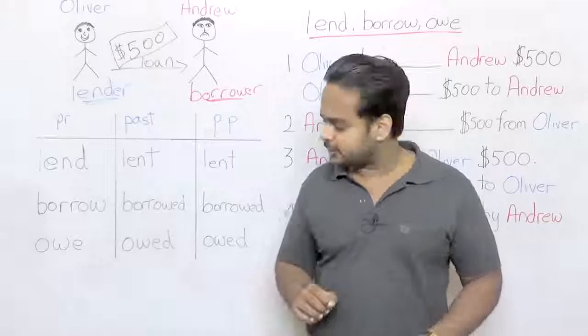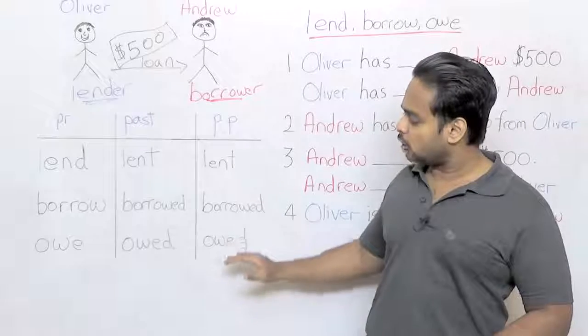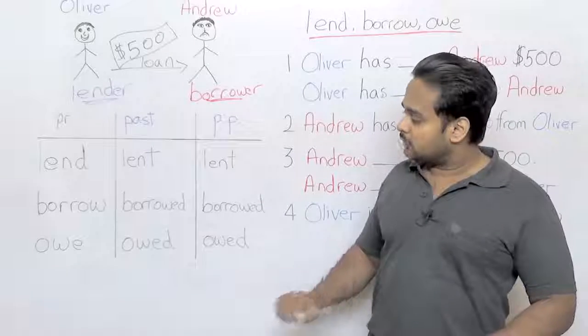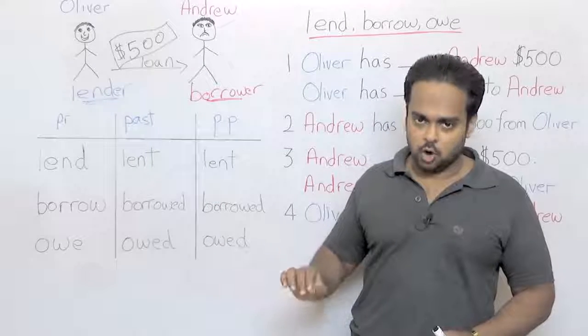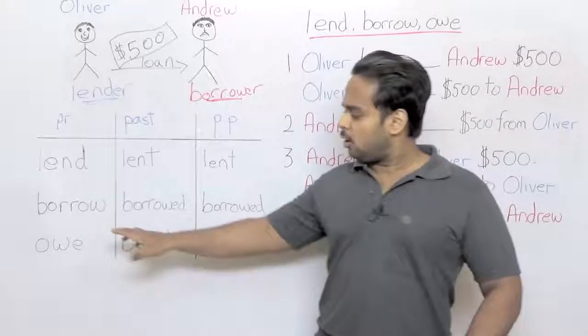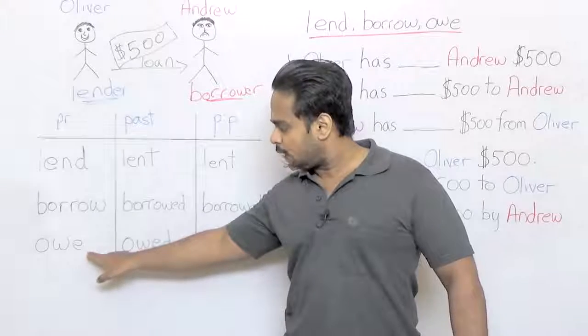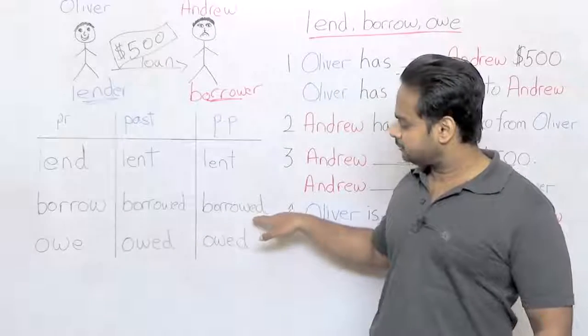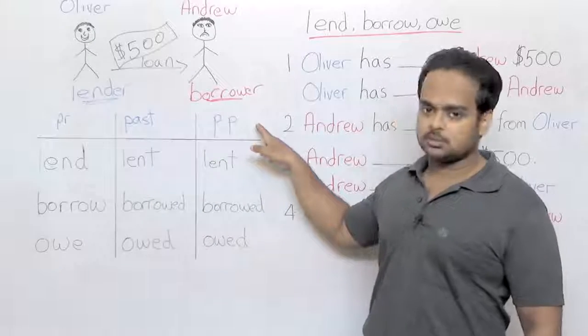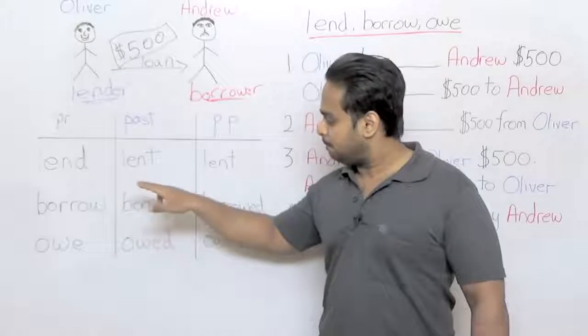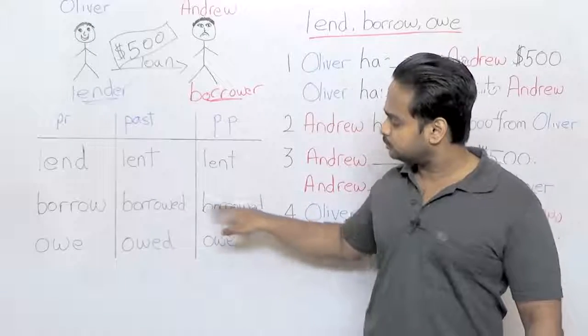But before we do that, take a look at this chart over here. These are the different verb forms of lend, borrow, and owe. Notice that for both borrow and owe, we simply add ed or just d to make the past and the past participle forms. So borrow, borrowed, borrowed.